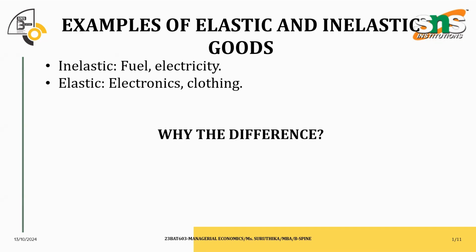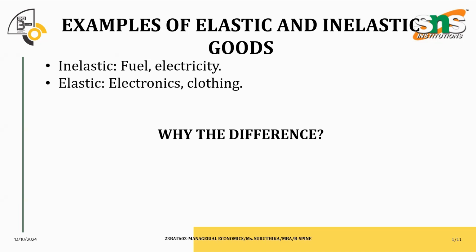So there are several goods that you can classify as elastic and inelastic. Common examples of inelastic goods are fuel and electricity. For elastic goods, electronics, clothing, accessories, etc. By general observation, we see that fuel prices do not vary very frequently.